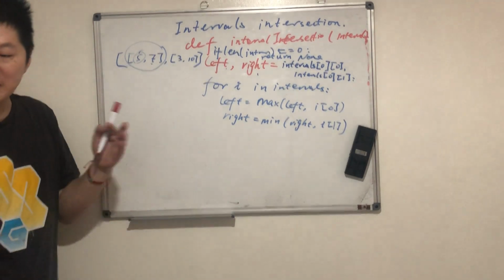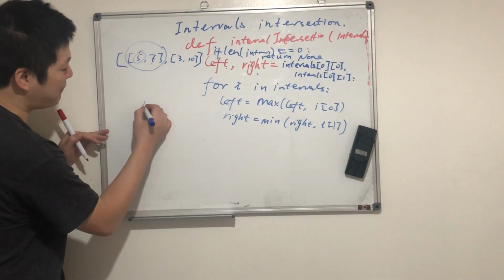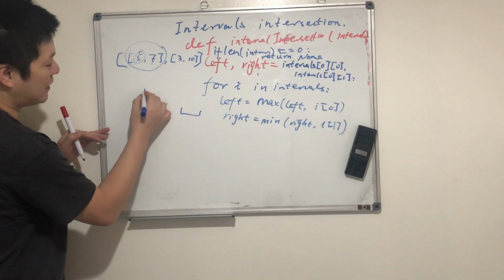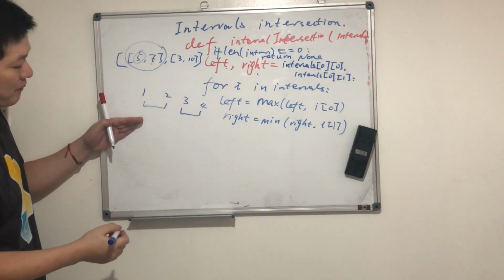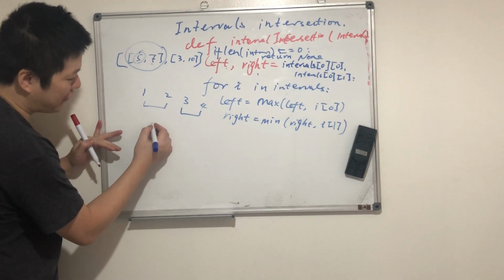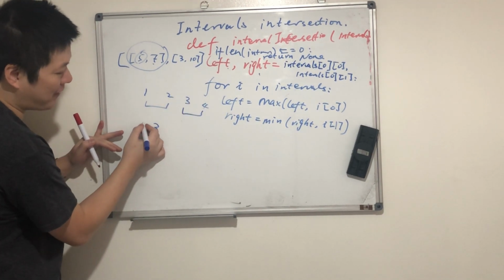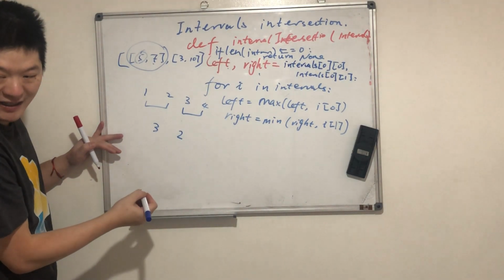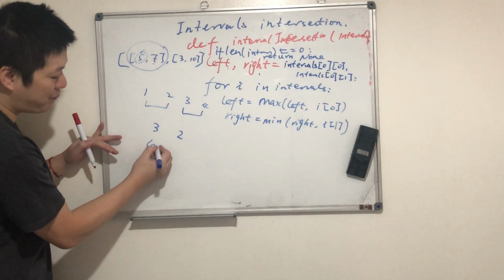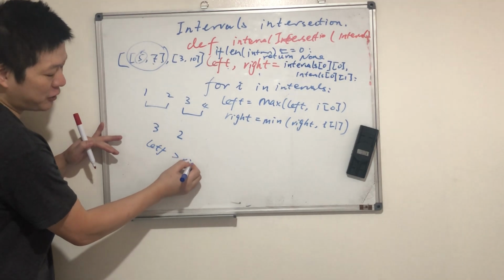But if there is no intersection, what should we do? Look, if this is 1, 2, and this is 3, 4, what happens in this case? The left will be 3 and the right will be 2. So the left is bigger than the right, which doesn't make sense.